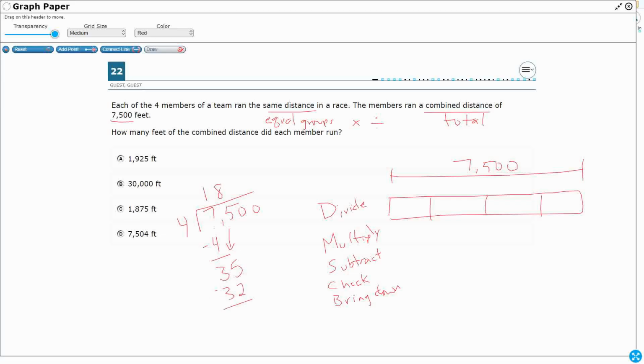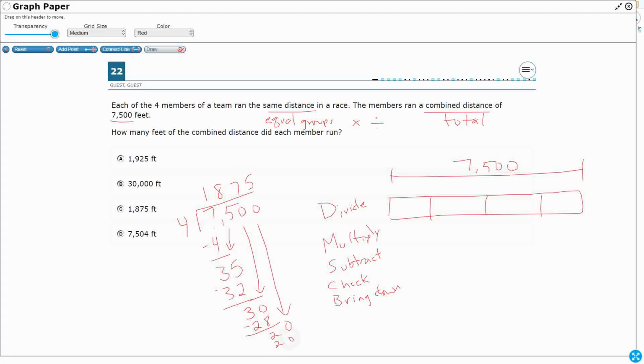Because if you don't know that 8 times 4 is 32 and 8 times 5 is 40, you have a really difficult time trying to figure out how many times 4 goes into 35 without going over. So memorizing multiplication facts is a 3rd grade standard, so hopefully they know that before 4th grade. If they don't, practice, practice, practice. That's going to be 7, because that's 28. Now we bring down that 0, and we finish it off with a 5.